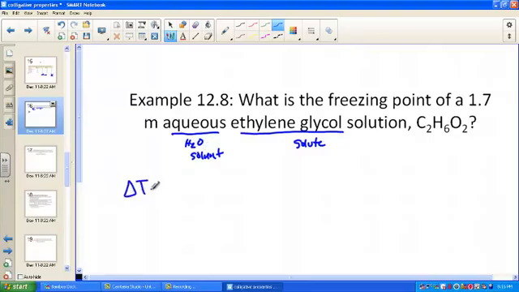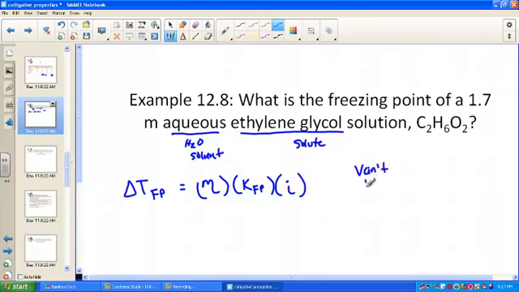The change in the temperature of a freezing point can be found by knowing the molality of your solution, the proportionality constant called the freezing point depression constant for water, and I'm going to put this on and we'll talk more about it. I've hinted at it, the van 't Hoff factor. How many particles dissociate from the solute?